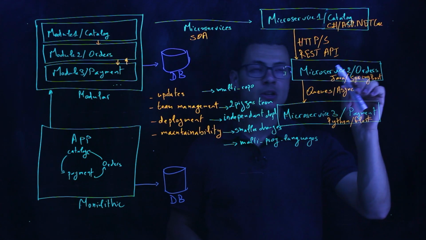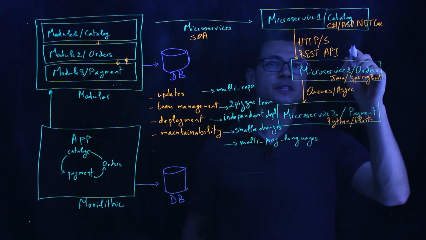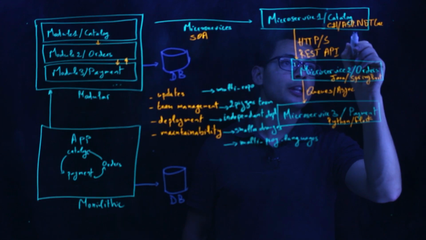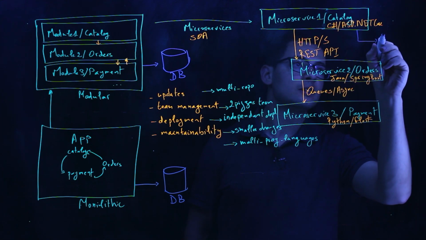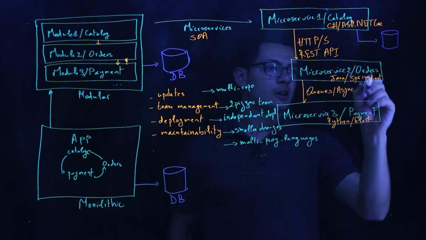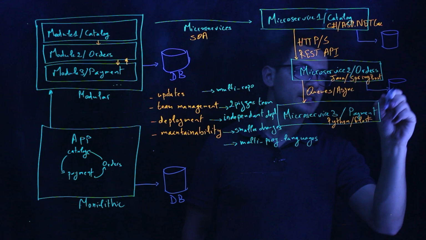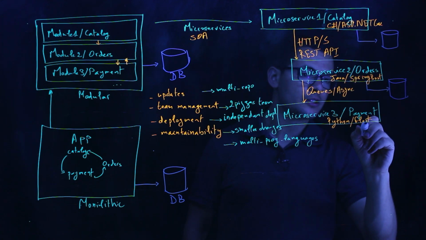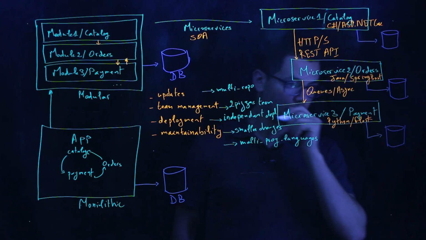Actually, each microservice will have its own database. So this means microservice 1 will connect to a different database, and microservice 2 also will have its own database, and the same applies for microservice number 3.